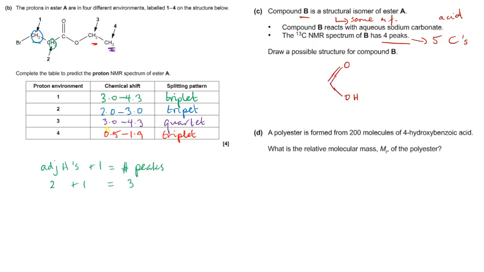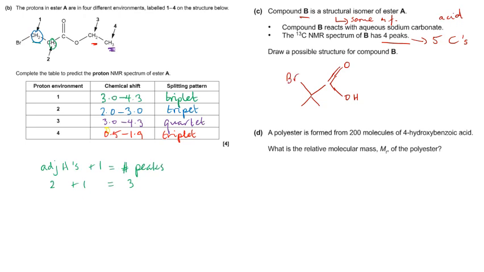And we want 5 carbons in total, 1 of which we've drawn, and 2 of which are in the same environment. So we could have 1, 2, that's 3, 4, 5, and we need to add a bromine on. Let's put the bromine here, just check that.